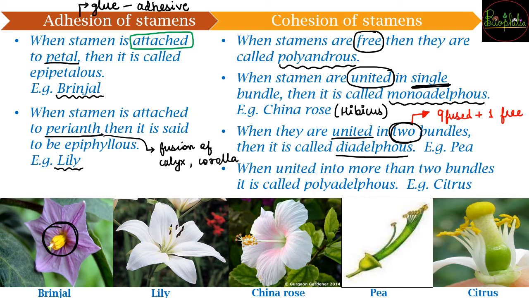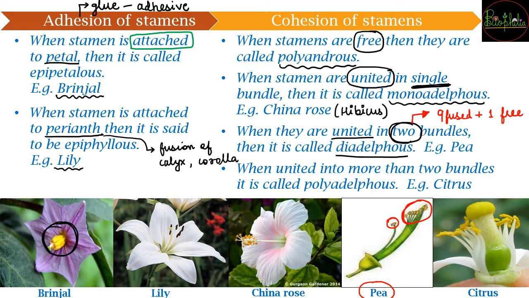So 9 fused plus 1 free makes up two bundles. You can see in the pea that one is free here and the remaining 9 are fused, and how the fusion occurs you can see very well in this photograph.